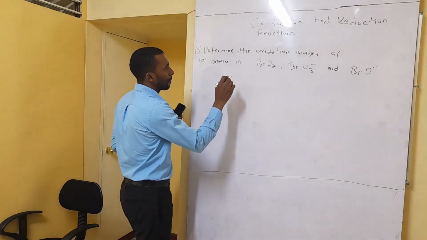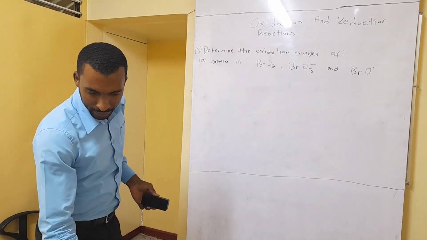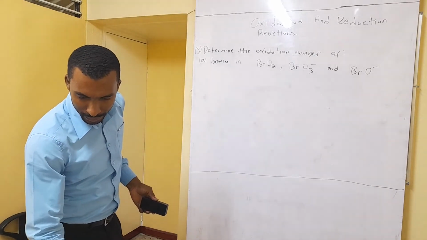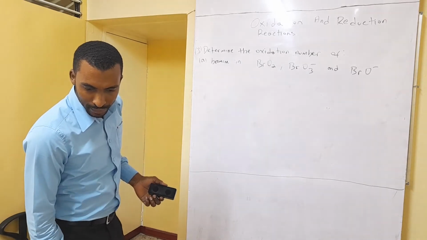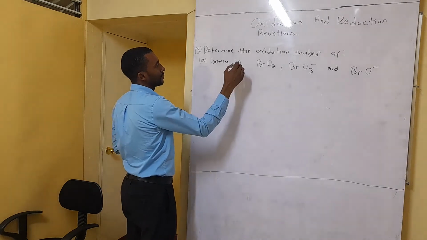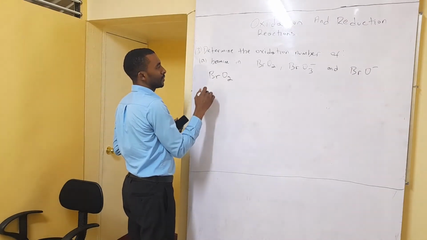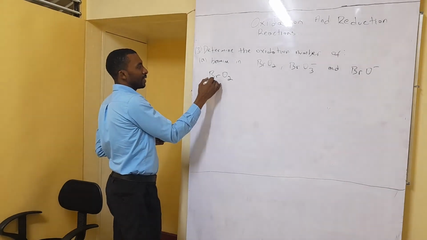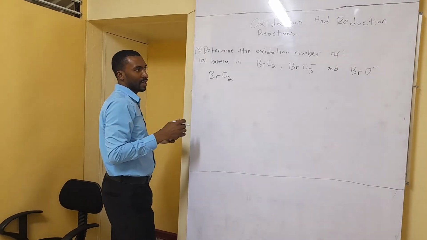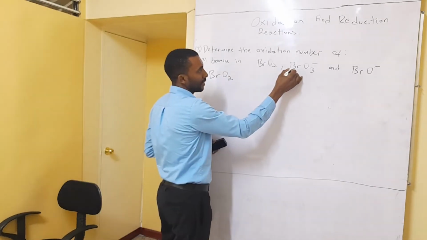For the first one, BrO2. Alright, so bromine dioxide is a compound or an ion? Compound, sorry. So it's a compound and not a polyatomic ion, right?